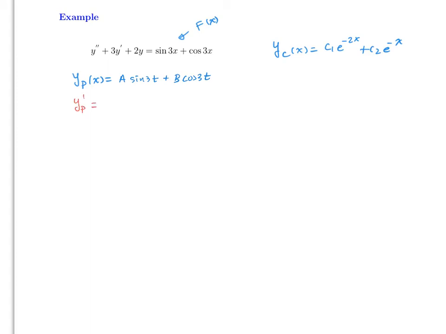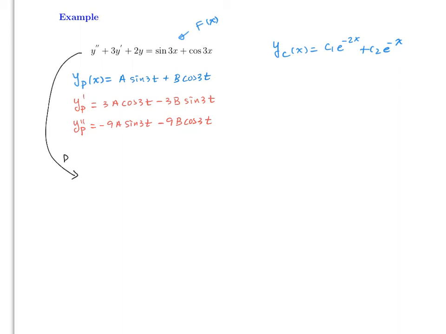So y prime is going to be 3a cosine 3t minus 3b sine 3t. And then y double prime is going to be minus 9a sine 3t, and this will be minus 9b cosine 3t. Alright, so next, just plug it in here.